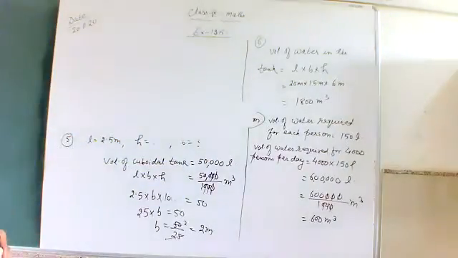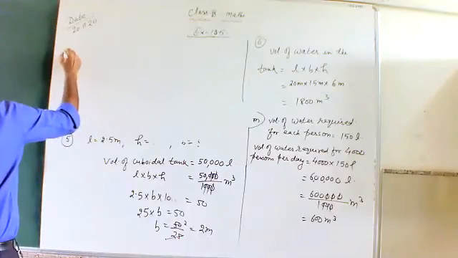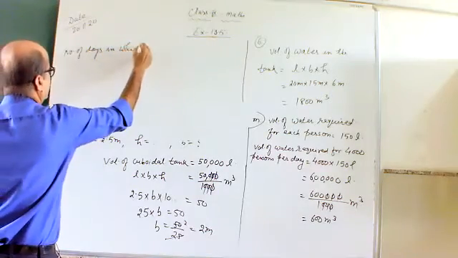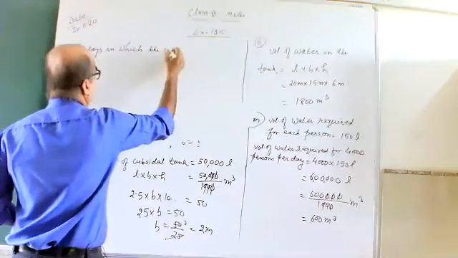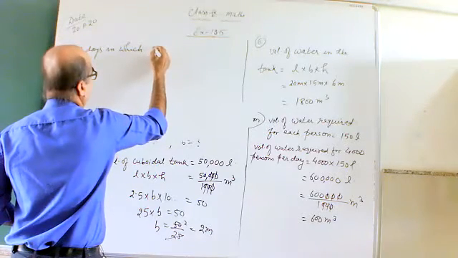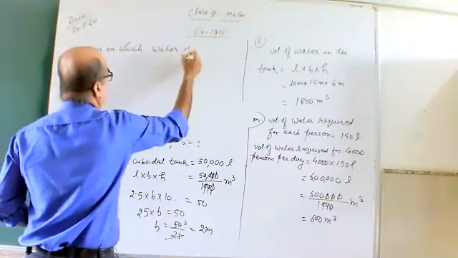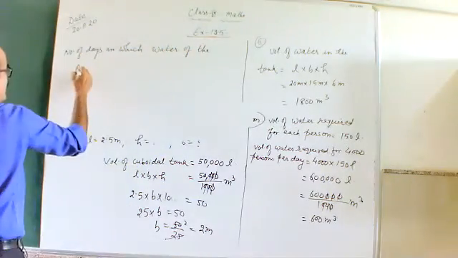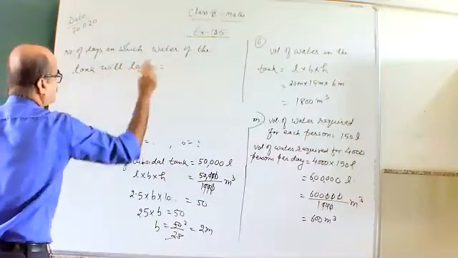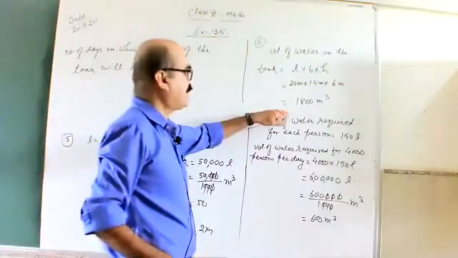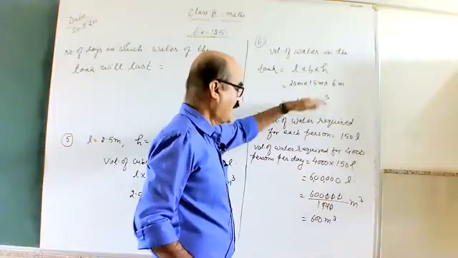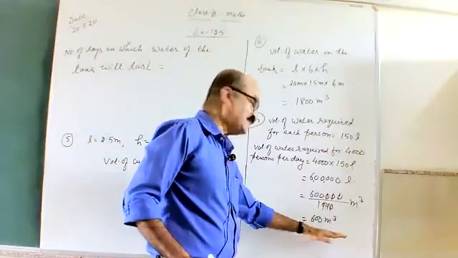So number of days in which the water of the tank will last. एक तो इस टैंक का पानी कितने में खत्म हो जाएगा, that will be total capacity of the tank is 1800 meter cube और 4000 पर्सन एक दिन में 600 मीटर क्यूब पानी यूज करता है.